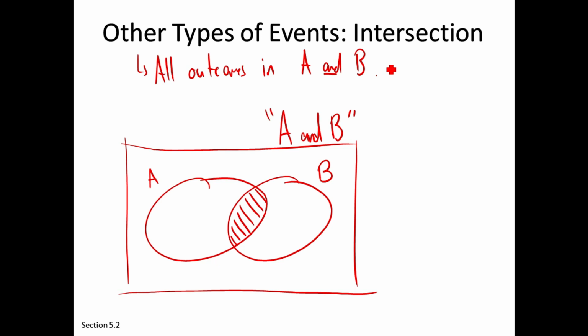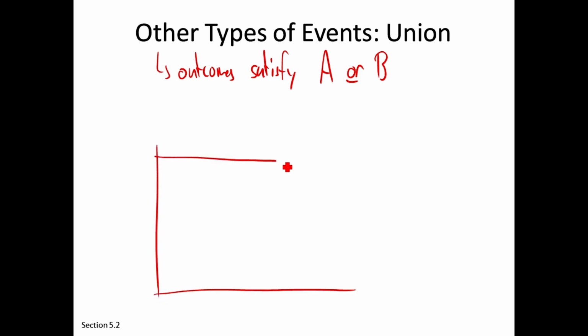So that's one type of event we're going to be looking at. We also might be looking at events where we don't care that it satisfies both of them at the same time. Maybe all we really care about is that it satisfies one or the other. That's an event that we call the union. Maybe you only care about outcomes that satisfy either A or B. I don't actually care if it does both.